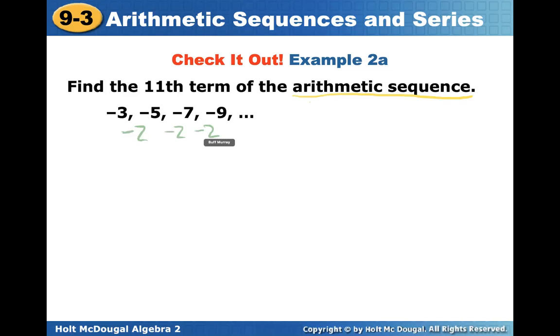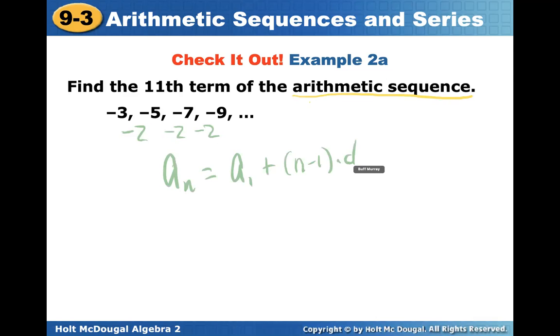So could I keep subtracting 2 until I found my 11th term? I could, right? Negative 11, negative 13, negative 15, negative 17. We could do that, right? But a quicker way would be to come up with that rule. Any term is the first term plus n minus 1 times d.